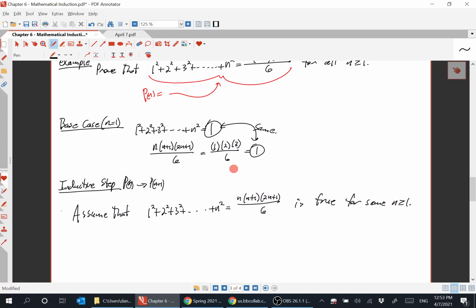So some arbitrarily chosen n. And then we want to show that Pn plus 1 is true. Well, Pn plus 1 comes from Pn by replacing n with n plus 1. So this becomes 1 squared plus 2 squared plus 3 squared all the way up to what if I replace n with n plus 1?